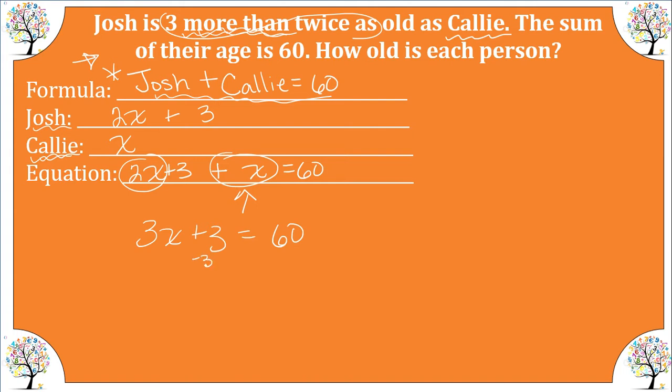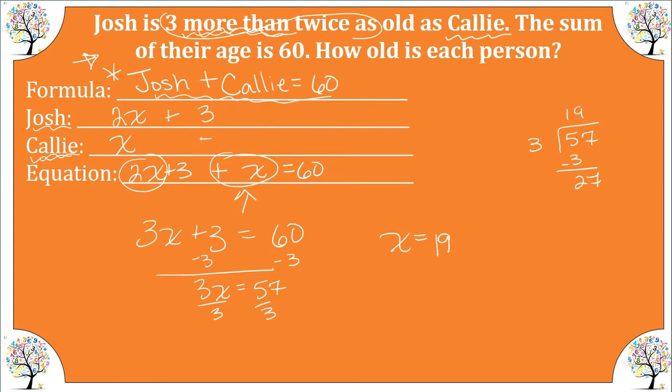We're going to subtract 3 from both sides. Then we're going to divide each side by 3. When I divide 3 into 57, 3 goes into 5 once. Subtract, bring down the 7, and 3 into 27 is 9. So Callie is 19 years old.